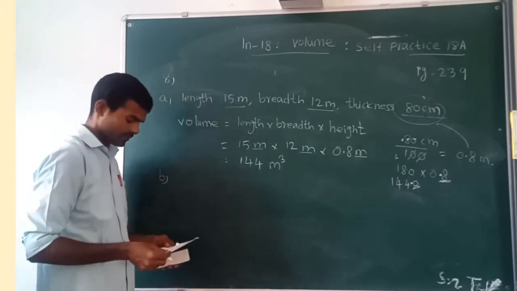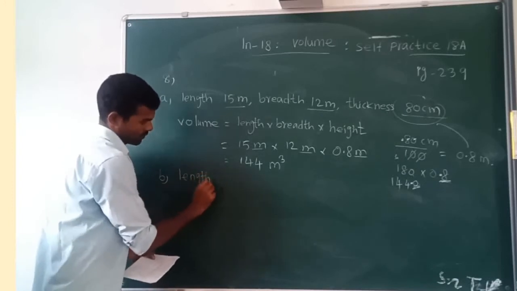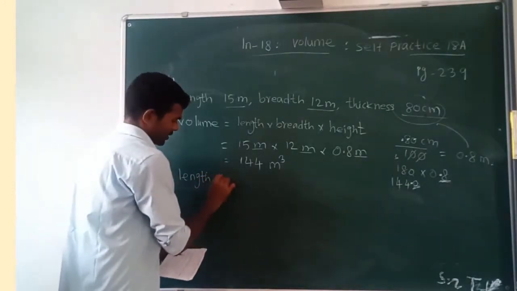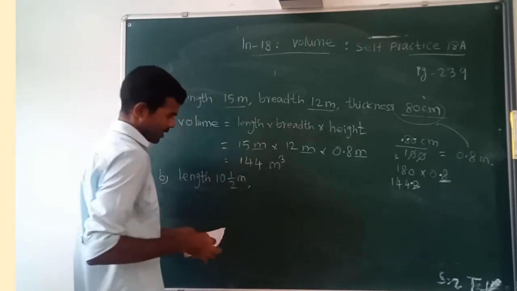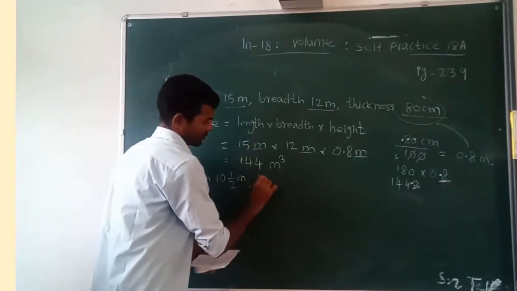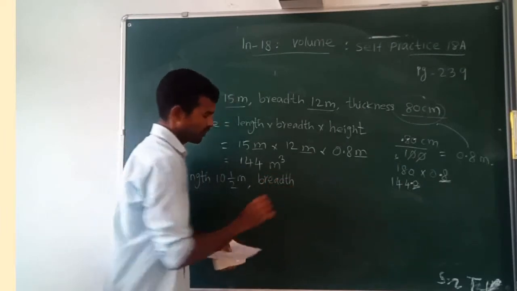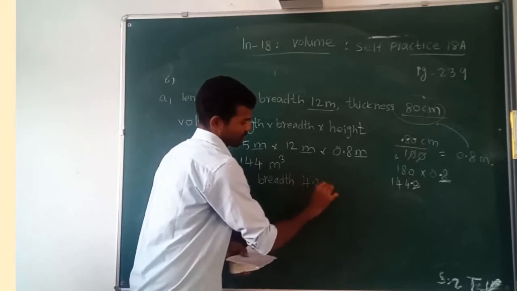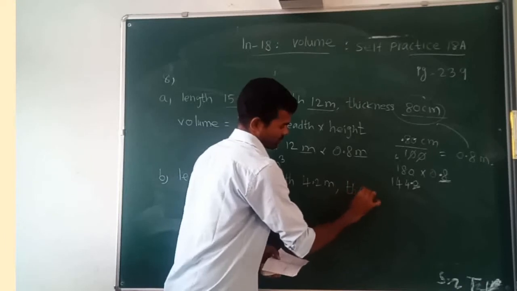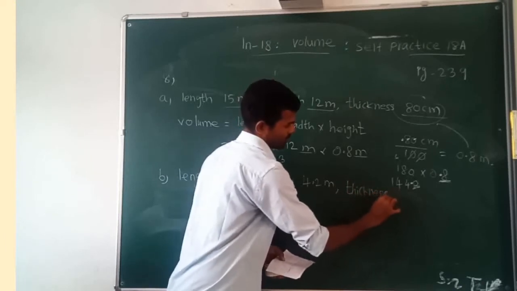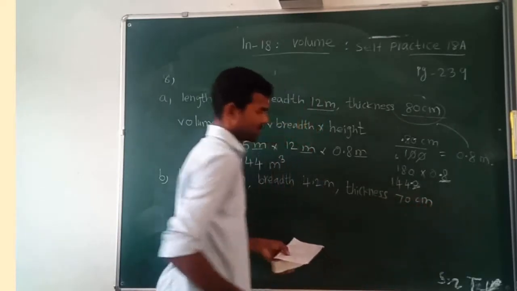Next for B. Length is 10 and a half meter, and breadth is 4.2 meter. Thickness is 70 centimeter.